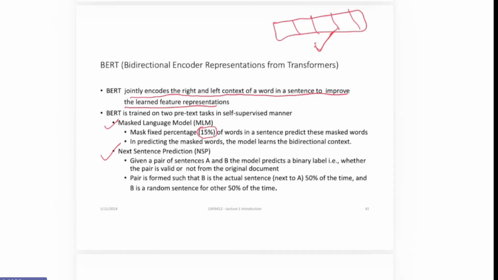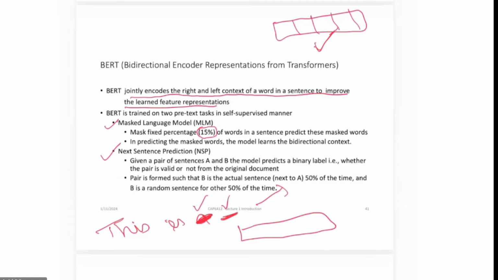Whatever words have been masked, the job is to predict what was there. Maybe I'm saying, hey, this is a, and then I remove the word cat here. It's just like filling the blanks.